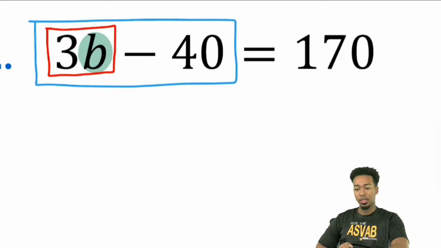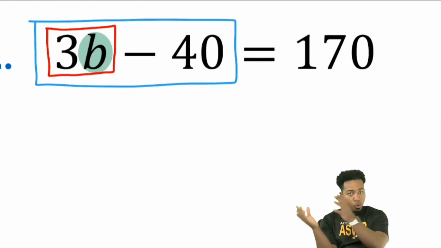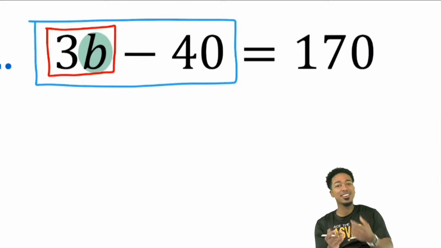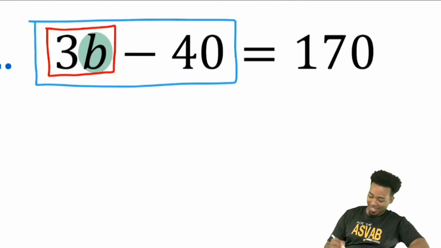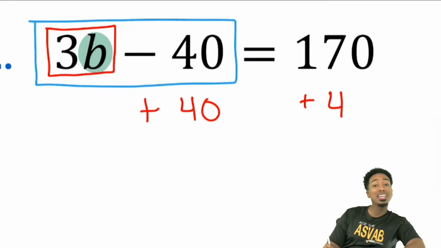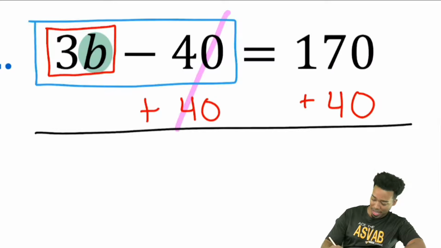Okay, great. So now that I've identified the forward steps, the order of operations, I'm going to work backwards. Outside in, the last step was subtracting 40. So I'm going to do the opposite of subtracting, which is adding the same number to both sides. Boom, right there. Cancels out.